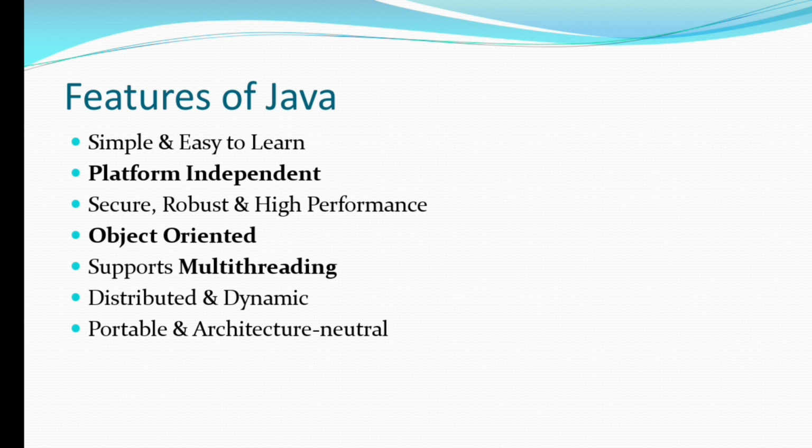It means if you write the code for Windows, it does not run on Linux or Mac. It will only work for Windows. I hope it is clear. But when it comes to Java, it will run on any operating system. That is the meaning of platform independent. And it is secure, robust and high performance. It is a very secure programming language and it has strong features.